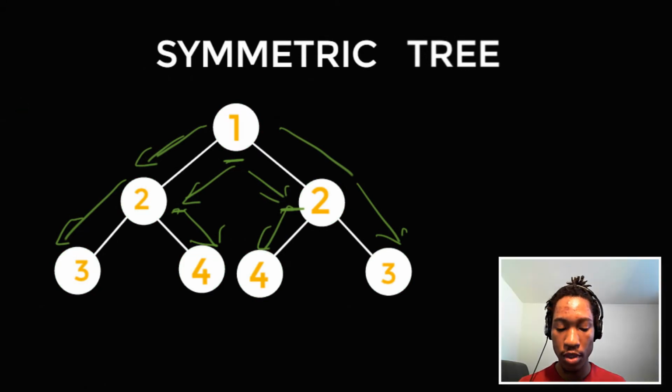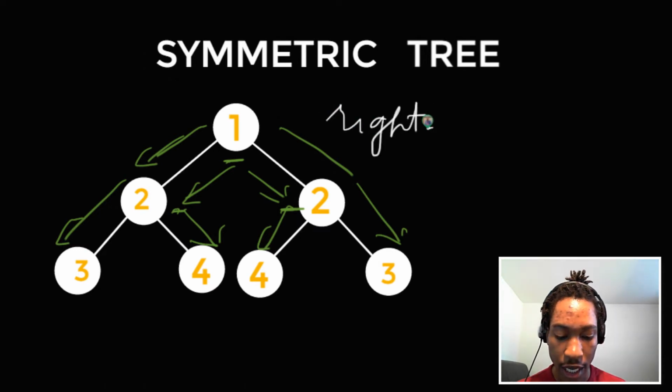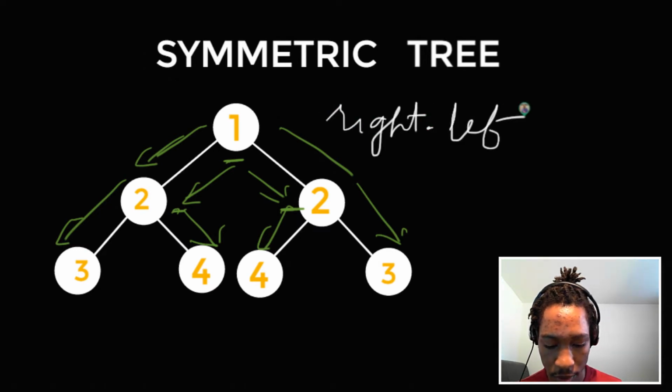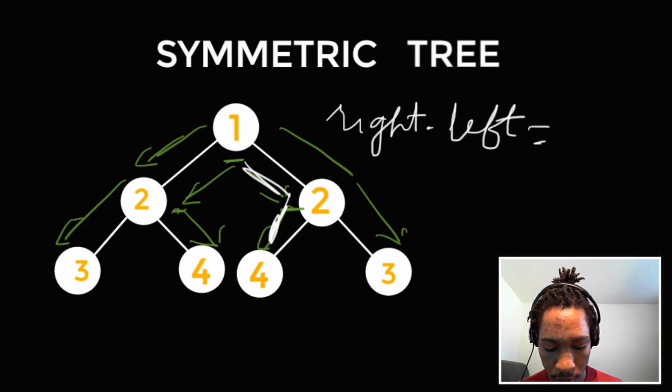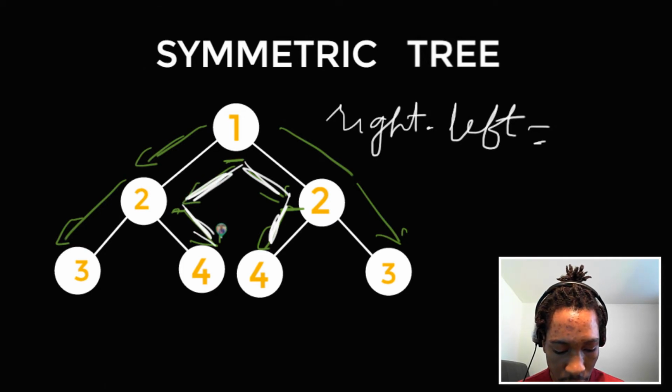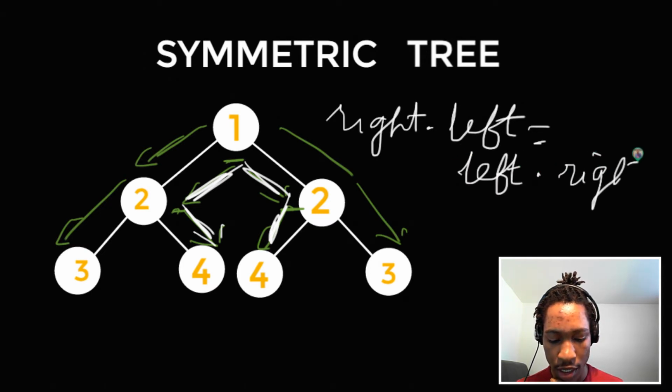So we're gonna do an equality check to check that the right dot left that we're considering should be equal to, I don't have enough space, so what do? Right dot left should be equal to left dot right. And then what else did we determine?